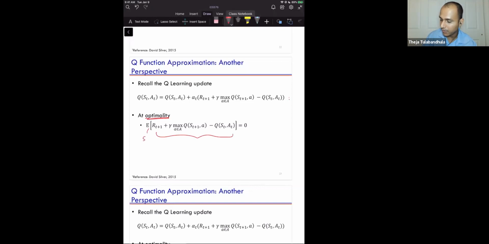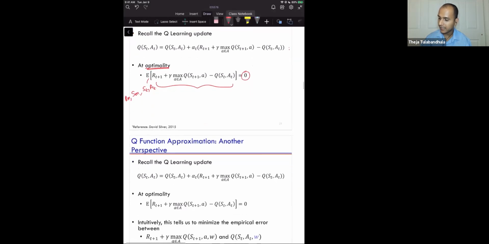It's just the randomness in S_t and A_t, which are potentially random, sorry, and S_t+1 as well, as well as R_t+1. Don't worry so much about the expectation, but what I'm saying is that the TD error should be 0. Because we want this number to be close to 0, that is what signals that we have learned the Q value.